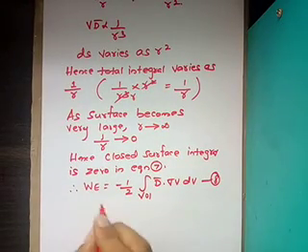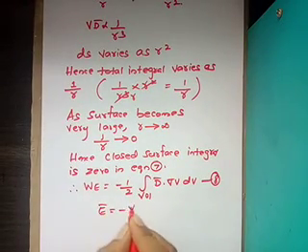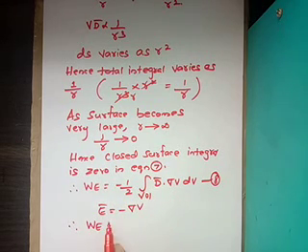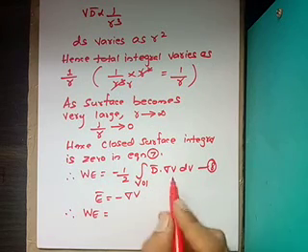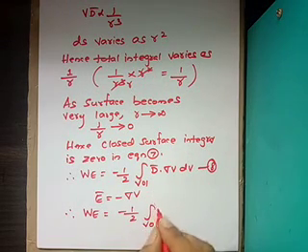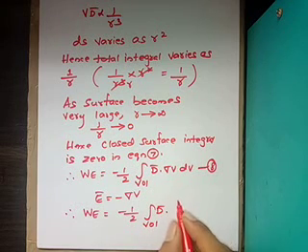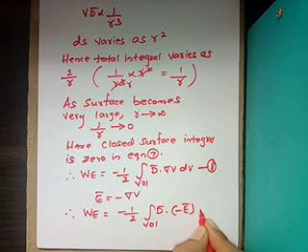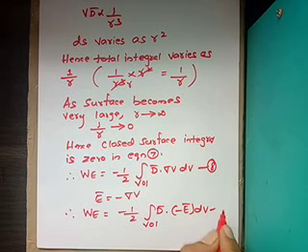But we know that E bar is equal to minus del v, this equation also we have derived. Therefore wherever it is del v, that will become minus E bar in this equation. This is minus half of volume integral d bar dot minus E bar dv, take it as equation 9.